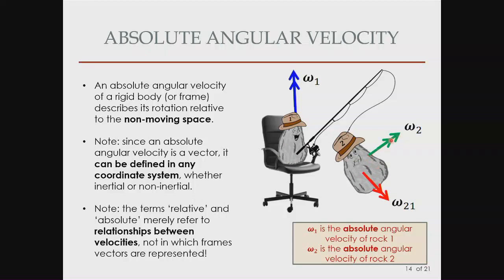This would be the absolute angular velocity of this rock, and this would be the absolute angular velocity of this rock. So you see only one index. 2 means 2 relative to 0, 1 means 1 relative to 0, 0 being the stationary space, something that is not moving at all.